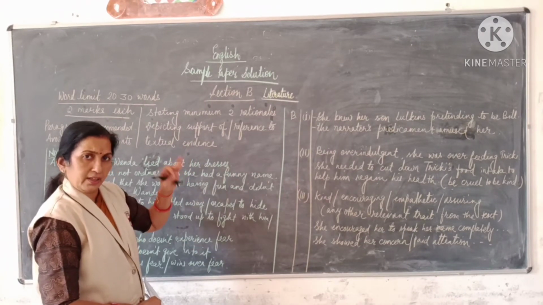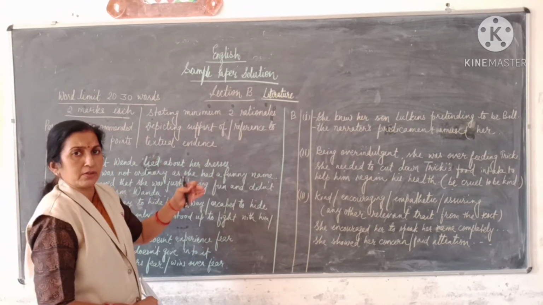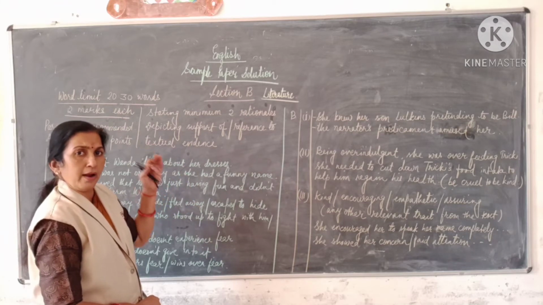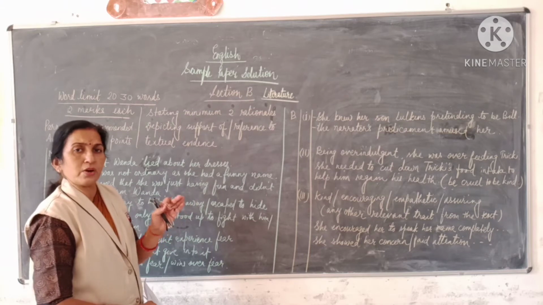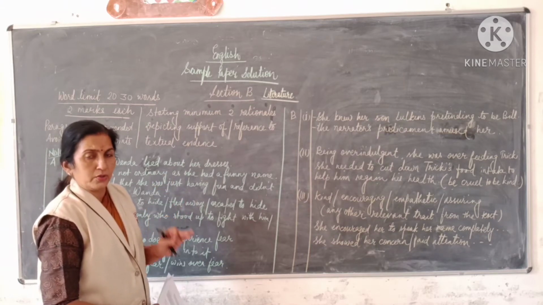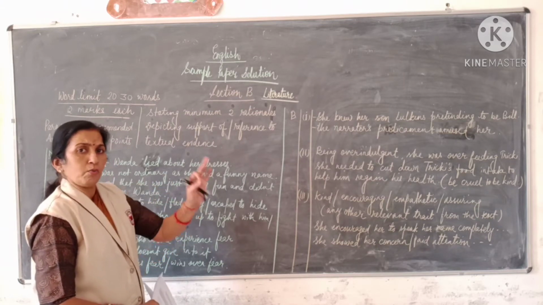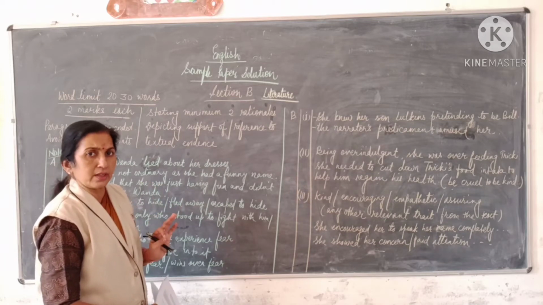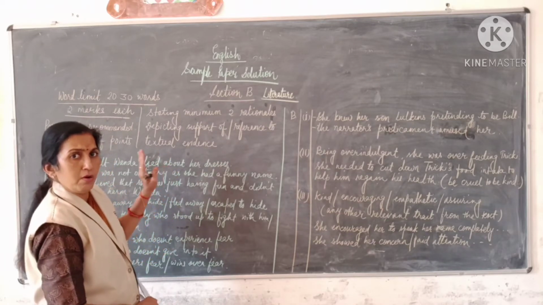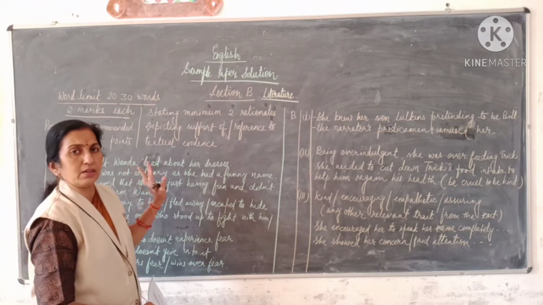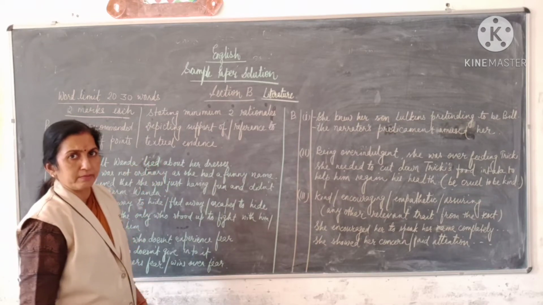Taking reference from the text, you have to give at least 2 reasons for your answer. Answers should not be very short. You should not write in 1 word or only 1 sentence. Then only your answer will be completed.